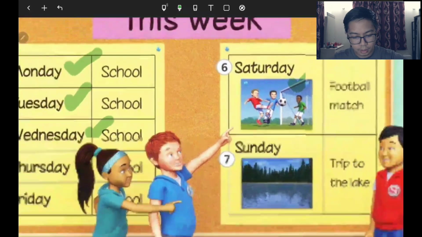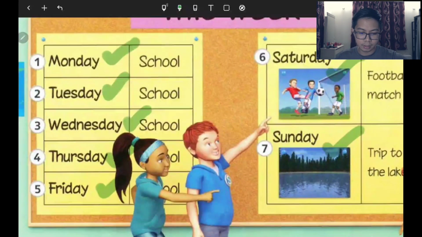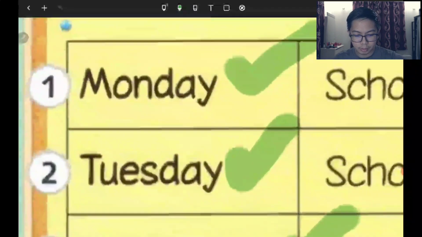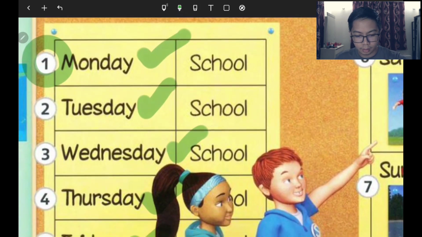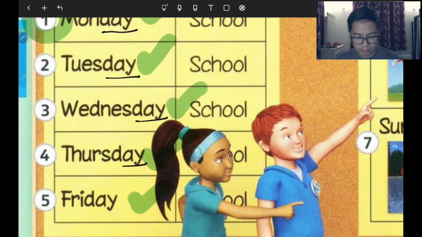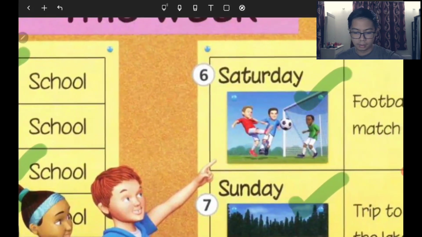And just remember, all of these days are represented by numbers, okay? Number 1, which is the first day, Monday. And at the end of these words, they always end the same: D-A-Y, D-A-Y, D-A-Y. Same goes with Saturday and Sunday.